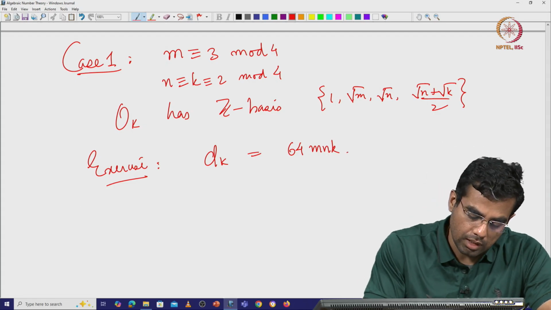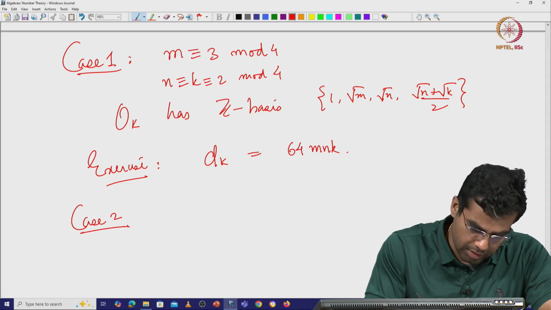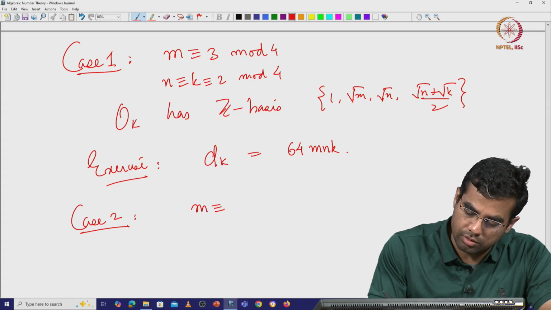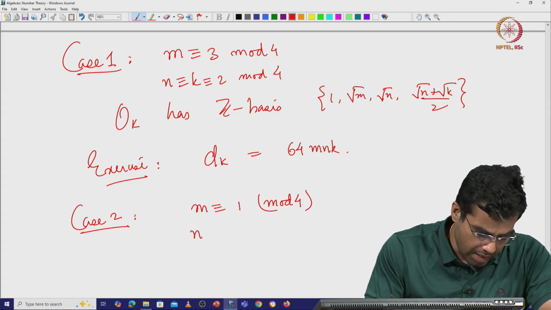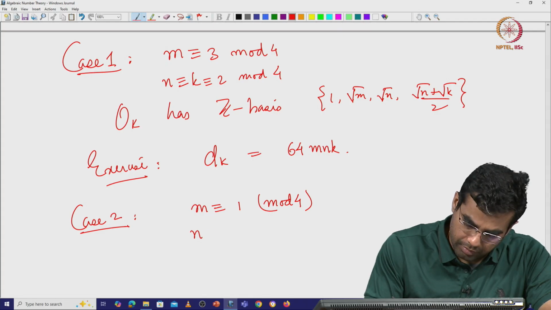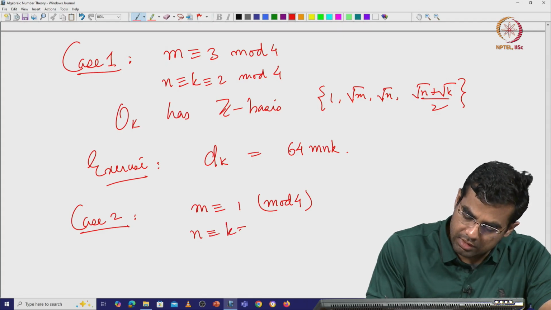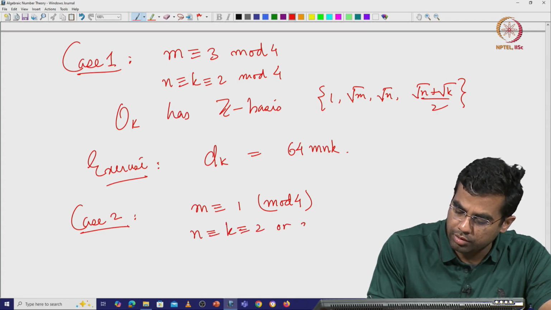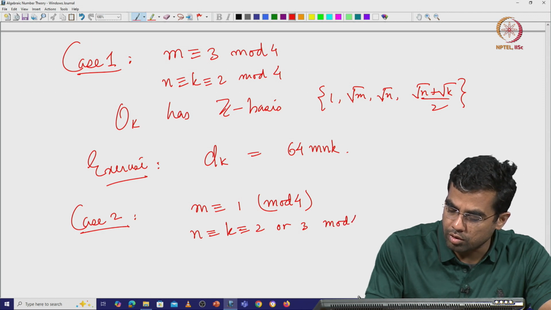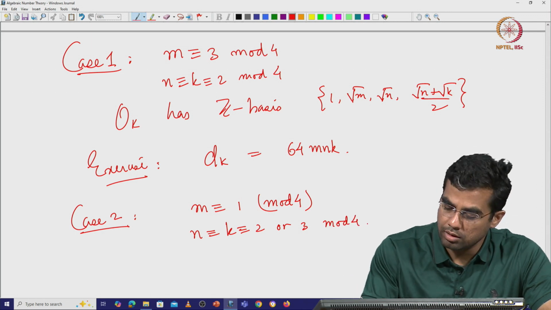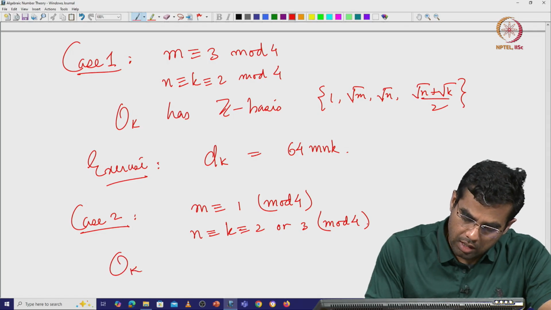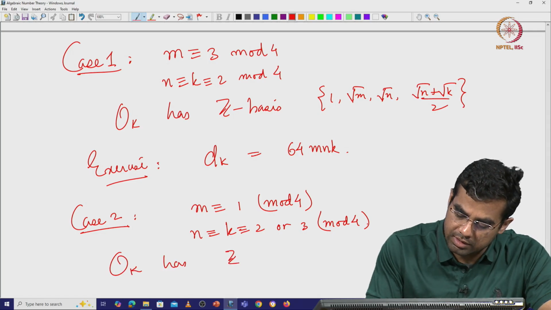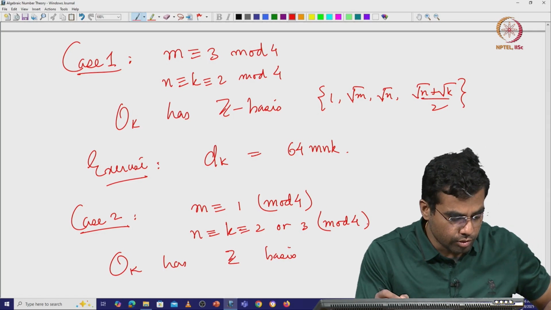Now case 2 that we considered was m is congruent to 1 mod 4 and n and k are congruent to 2 or 3 mod 4. Again in this case we proved that O_K has Z-basis given as follows.